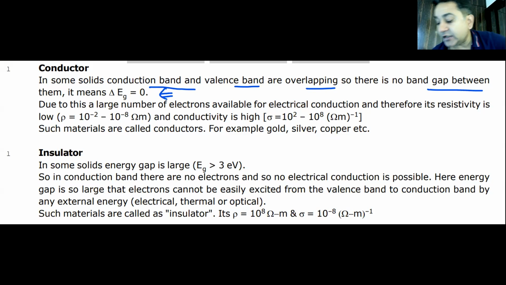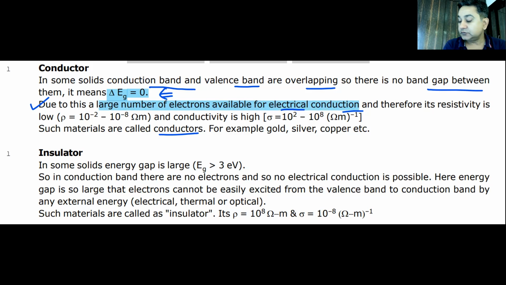The value of delta Eg, the forbidden energy gap, is 0, due to which a large number of electrons are available for conduction and therefore they become good conductors. Important point to note here is forbidden energy gap is 0. A large number of electrons are available for conduction in the conduction band. Such bodies are known as conductors. We understand conductors, yes or no?